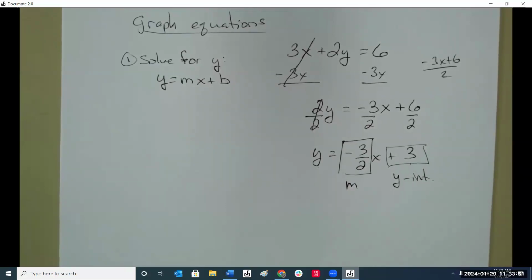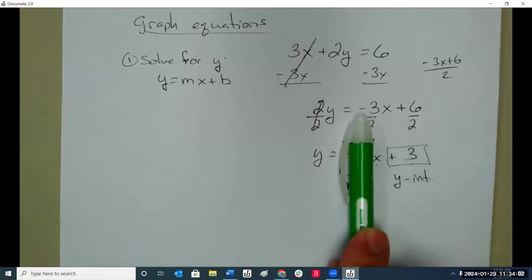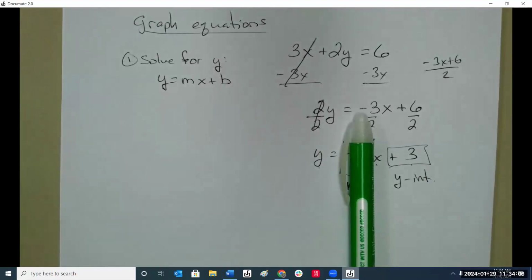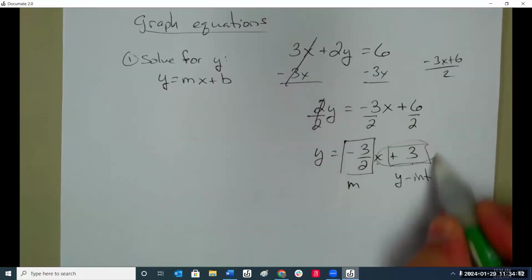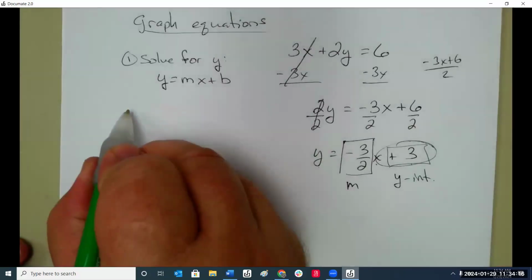Why? How do you find the y-intercept? If you set x equals 0, all the x's are gone. The only thing left is the constant. So that's why the y-intercept is always the constant term. So to graph this, that's the only point you know for sure.